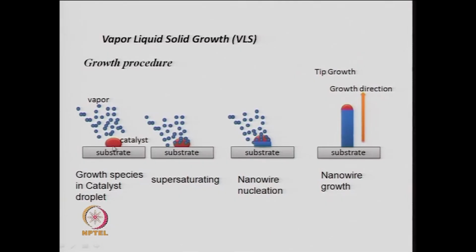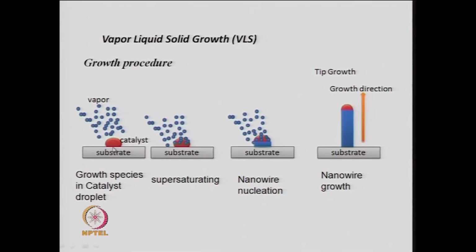So, you have heated it at a temperature where it is a droplet, and this vapor phase is the semiconductor whose nanowire you want. So, this material is evaporated. So, the vapor phase is present, the catalyst is in the droplet or the liquid phase, and this is the substrate.